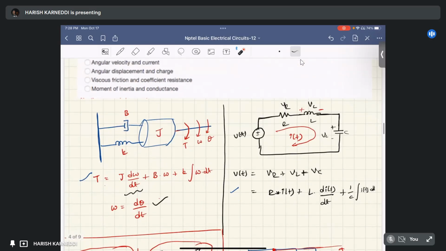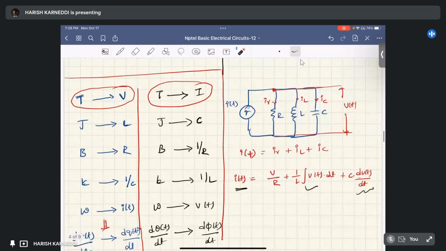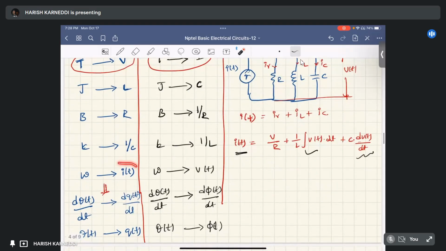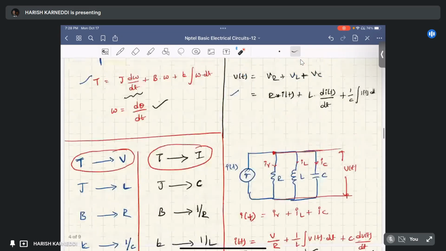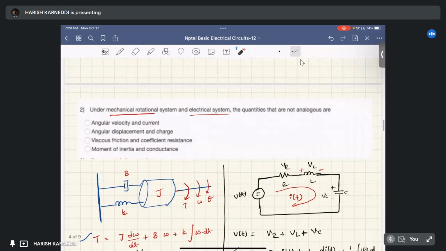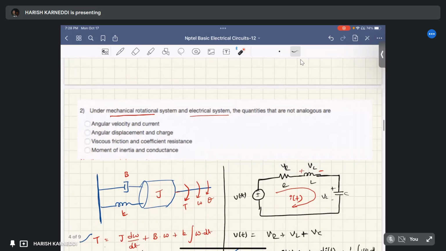So, angular velocity and current. Here, angular velocity, that is omega, and current are analogous to each other. So the first answer is correct. These two are analogous only.